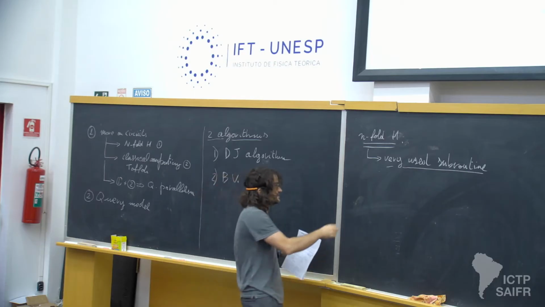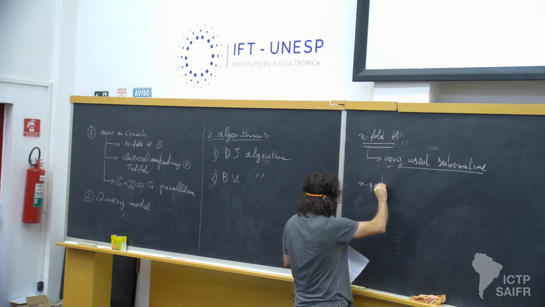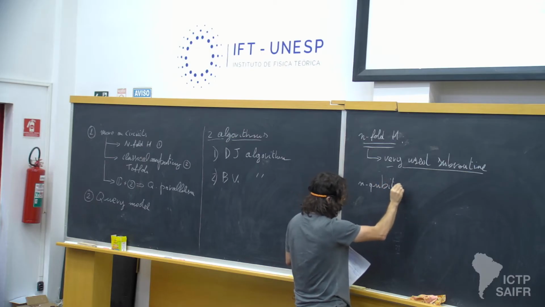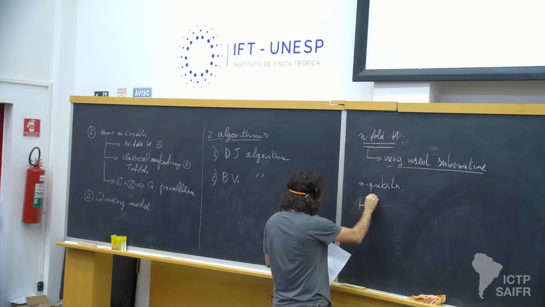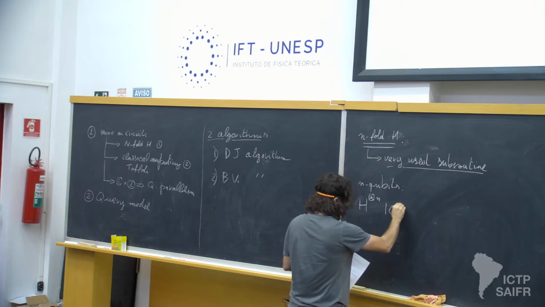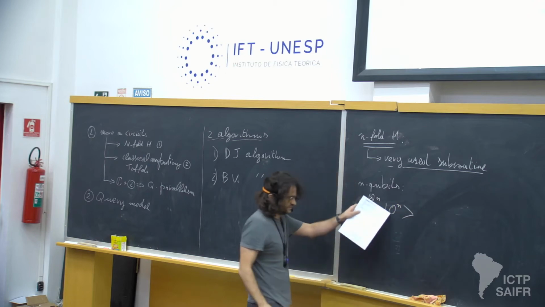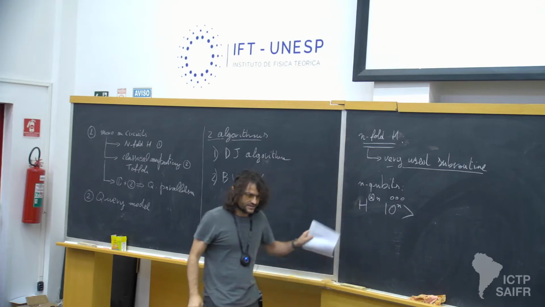And the idea is that suppose that you have n qubits, and you consider this simple circuit. You take H tensor n acting on 0^n. So 0^n means 0, 0, 0, 0, n times.